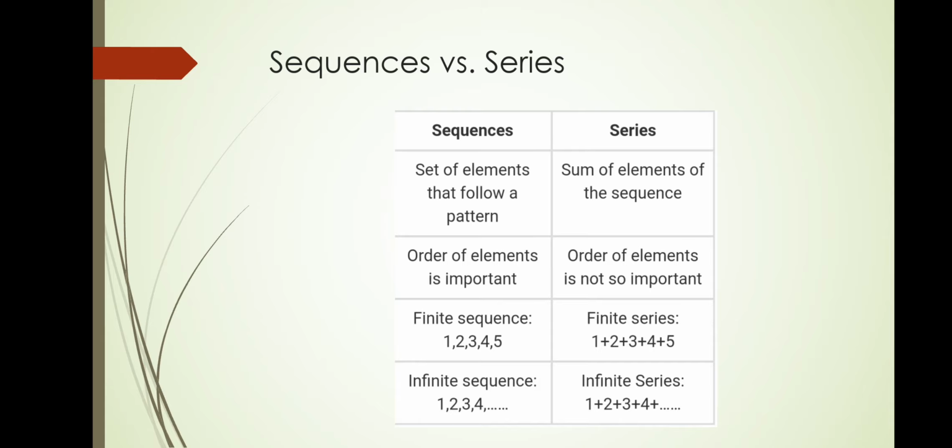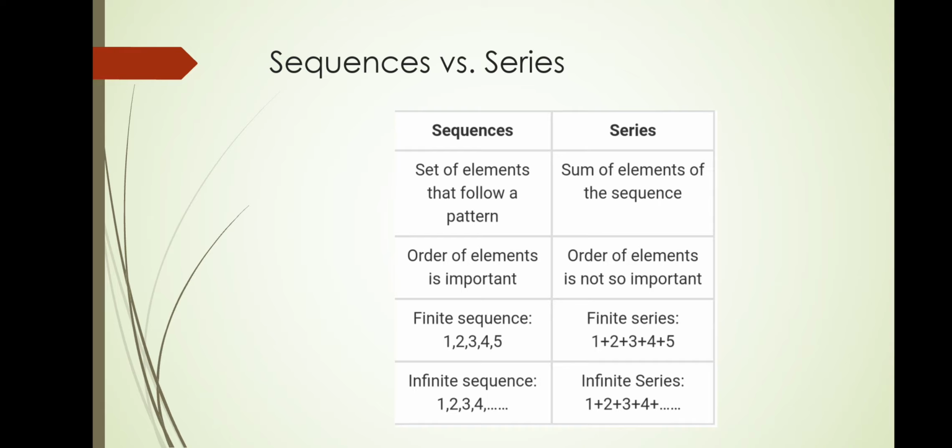Sa sequence, order of the element is important. Siyempre, importante ang pagkakasunod-sunod kasi doon mo makikita yung pattern or yung rule na tinatawag sa isang sequence. While, on the other hand, in a series, order of the element is not so important. Why?